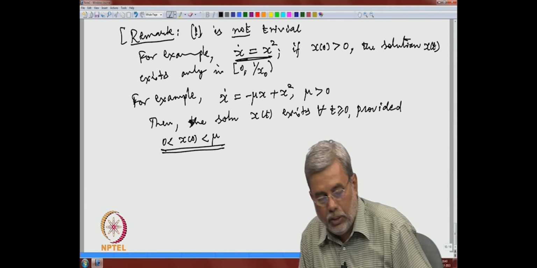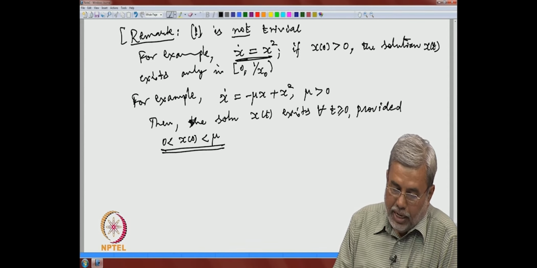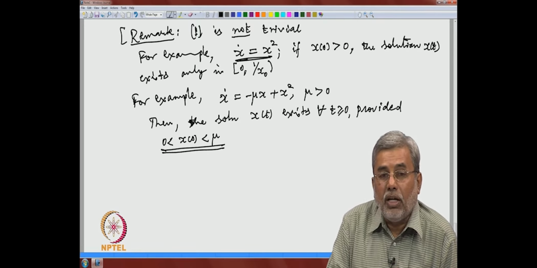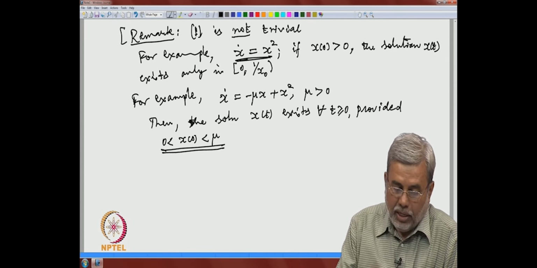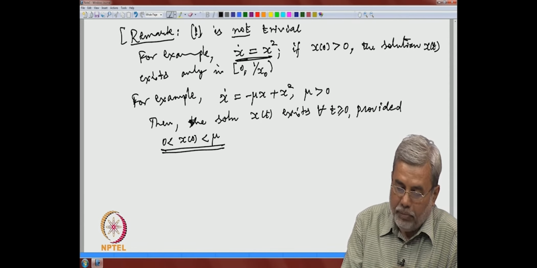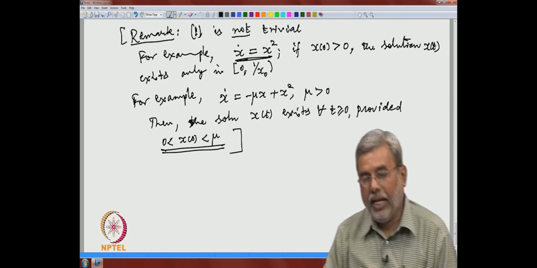Once you exceed x 0 bigger than mu, you can also check that the solution does not exist for all time. So, that is crucial. So, remark 1, this claim 1 is not trivial. This remark explains that.